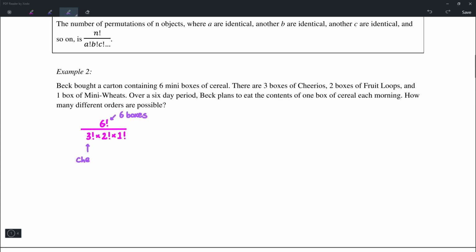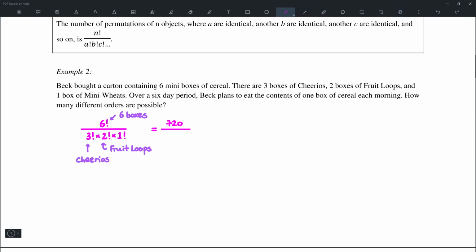Let's go ahead and just write down where the numbers are coming from. In this case, the numbers are small enough that we can evaluate them pretty easily. So 6 factorial is going to be 720.